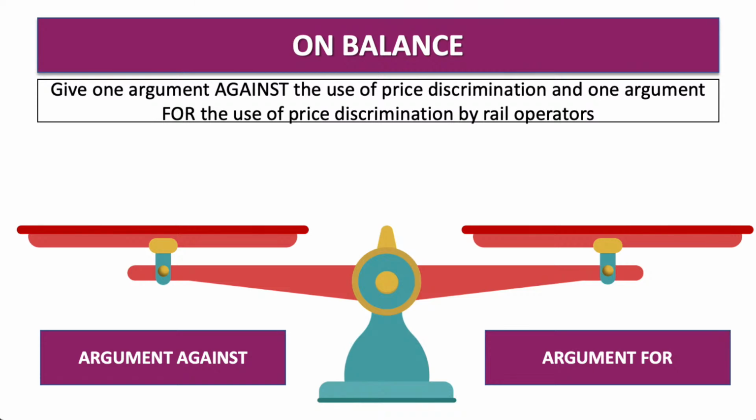So these are your train companies, your LNER, your First Great Western, TransPennine. Who uses that? Anyone? So we want arguments against why these rail operators shouldn't use price discrimination and an argument for. We want your arguments in context because it's far too easy to just write down arguments for and arguments against.